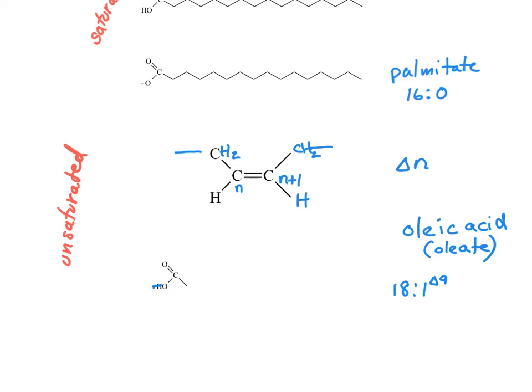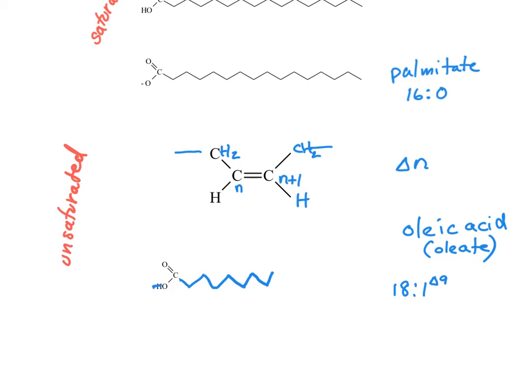Go ahead and draw out this fatty acid, pause the video, and we'll see how you do. Okay, let's go ahead and first consider that we've got to draw 18 carbons, one double bond, and that has to be between carbon number 9 and 10. Sounds pretty easy, but people make a common mistake here, and I want to take you through it. The key is not to draw all 18 carbons first. Let me show you how I think about this. Carbon number 1 is the carboxylate, then we go to 2, 3, 4, 5, 6, 7, 8, 9.